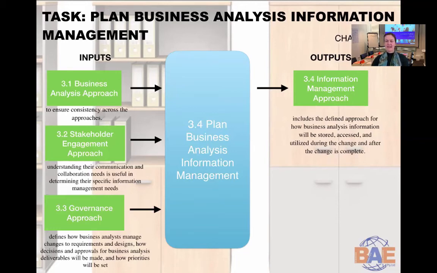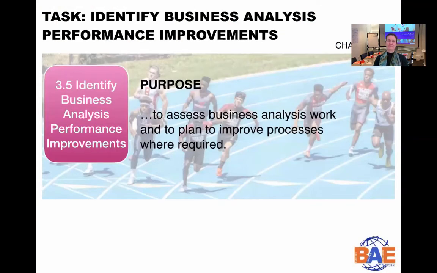Okay, now let's have a look at the last one. So here we're looking at identify business analysis performance improvements. Now, the purpose of this is to assess business analysis work and to plan to improve processes where required.